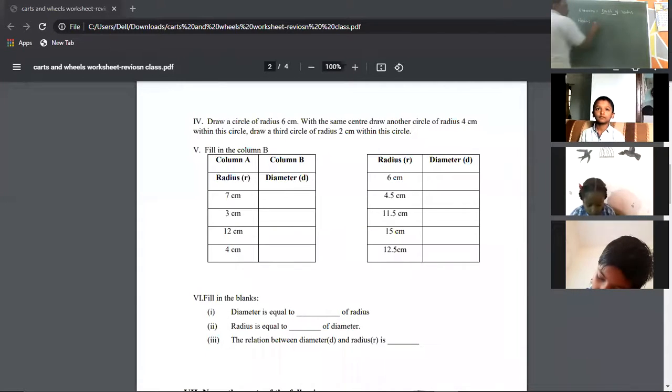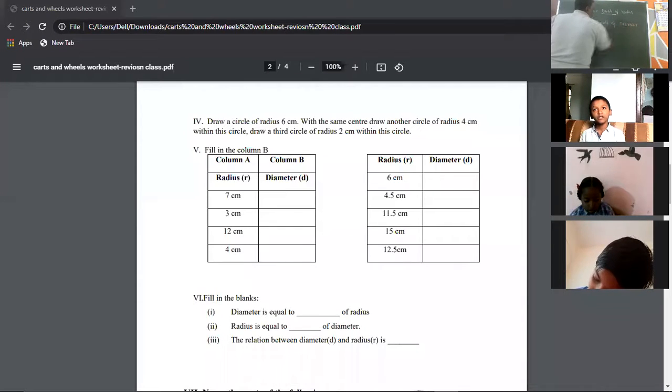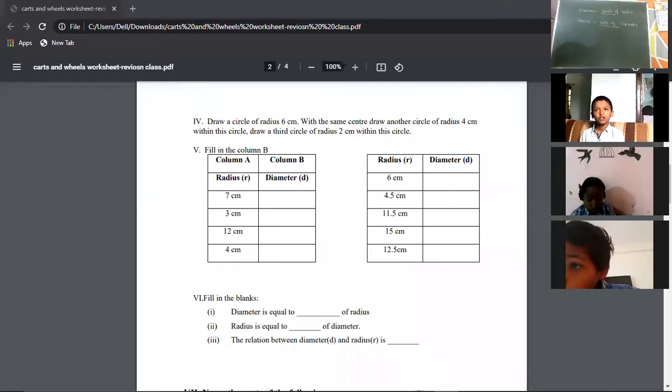Radius is equal to half of the diameter.